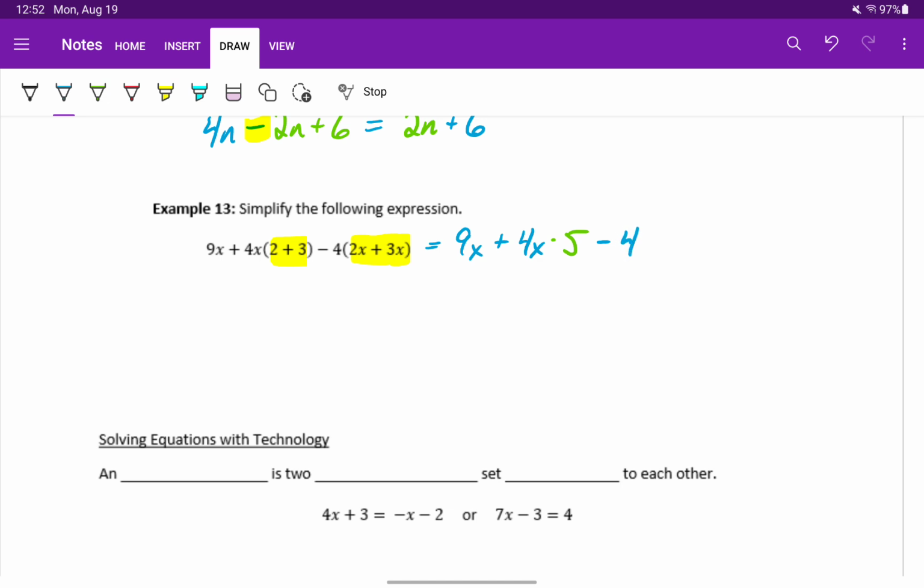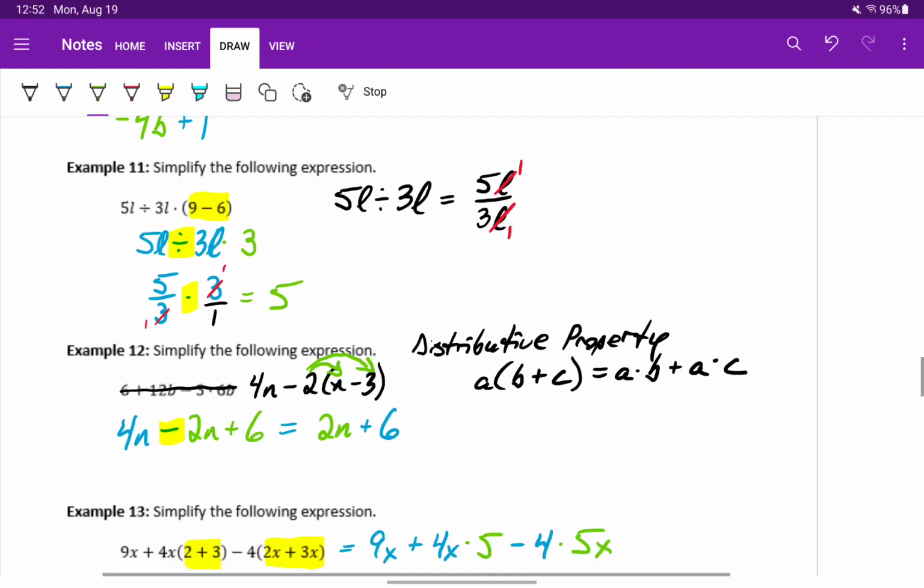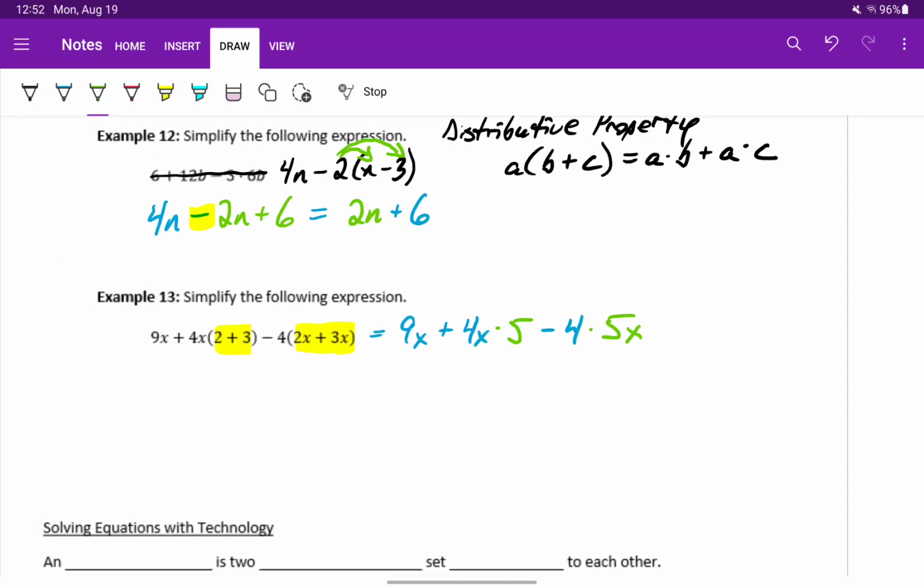And we'll go ahead and complete that operation in the second set of parentheses at the same time. 2x plus 3x will be times 5x. Next, we'll take care of those multiplication steps to give us 9x plus 20x minus 20x.